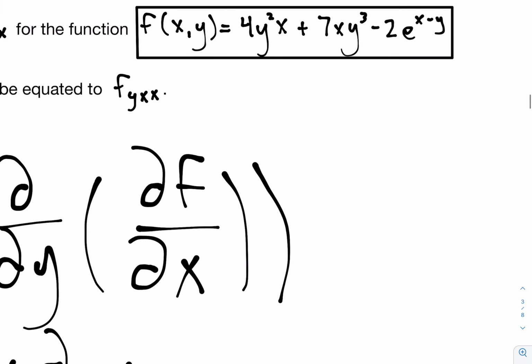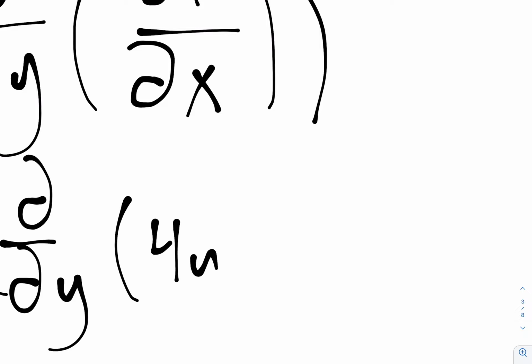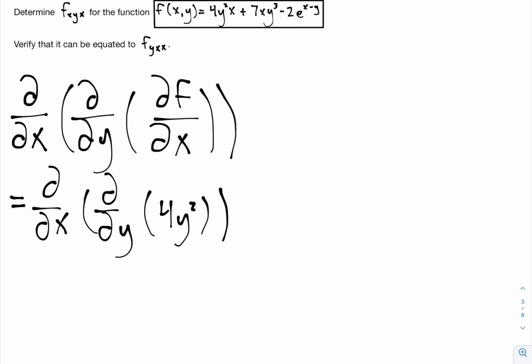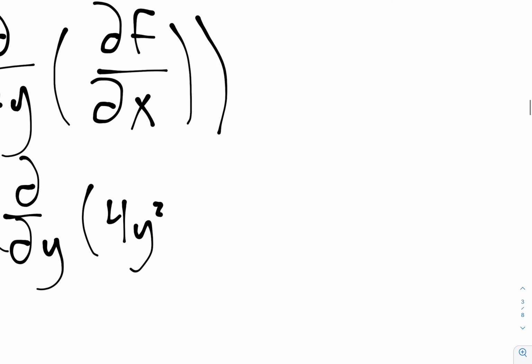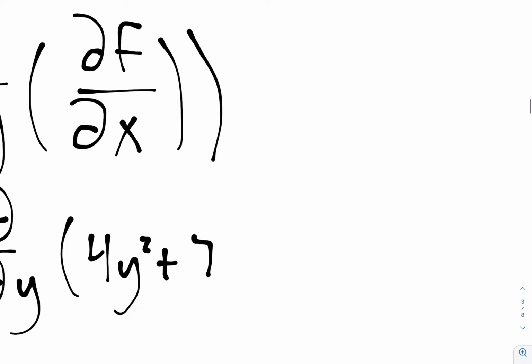Anytime we have a constant times x and we're differentiating it, it's just equal to that constant. So it's going to be 4y squared. Except this isn't the whole derivative. Then we add the derivative of 7xy cubed with respect to x, which is going to be 7y cubed for the same reason.